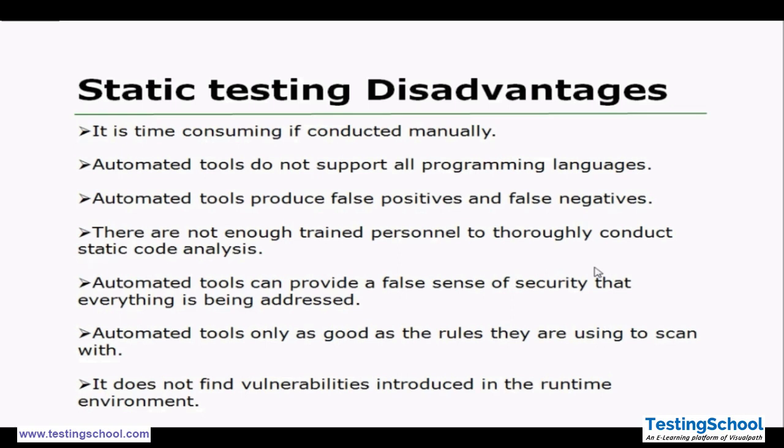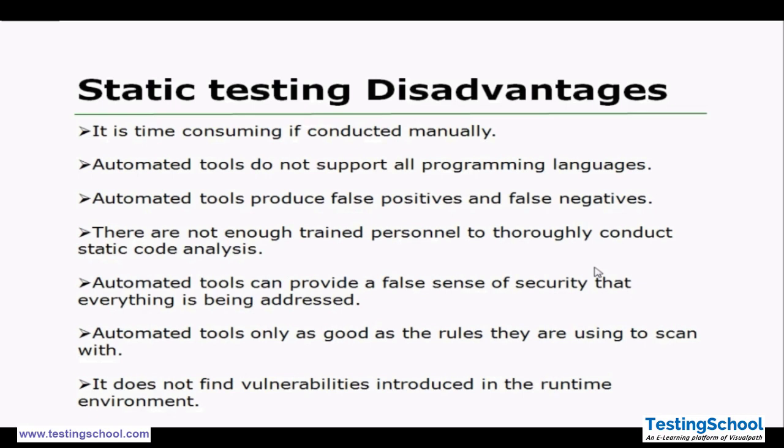And there are not enough trained personnel for each and every tool. Automation tools can provide a false sense of security that everything is being addressed. So that is also a disadvantage of static testing.